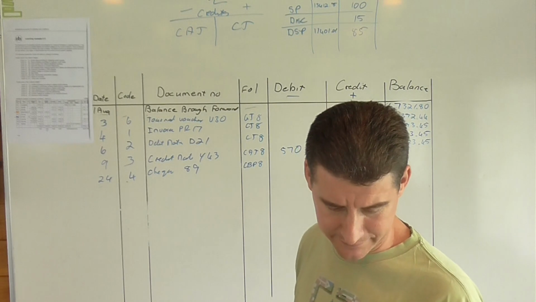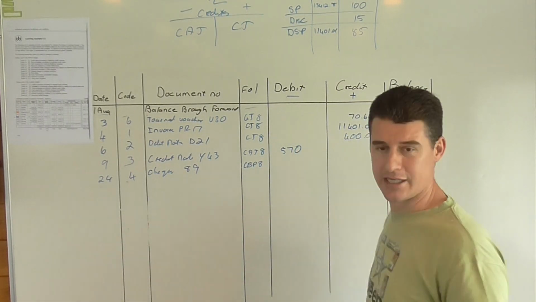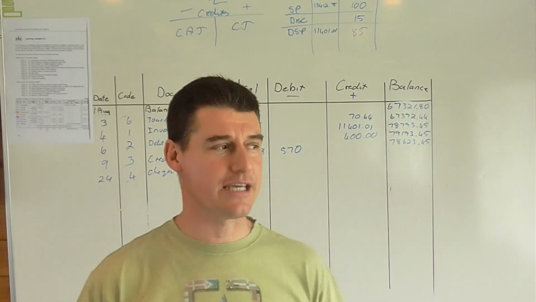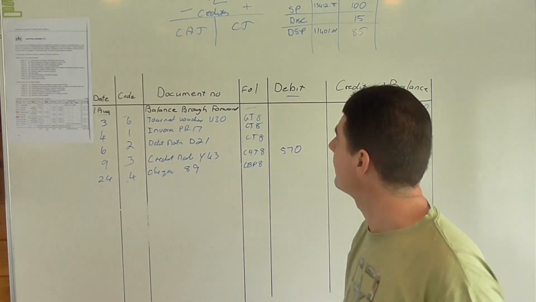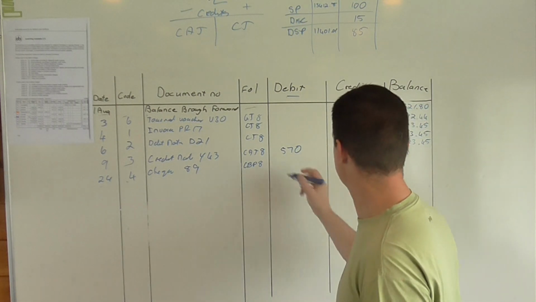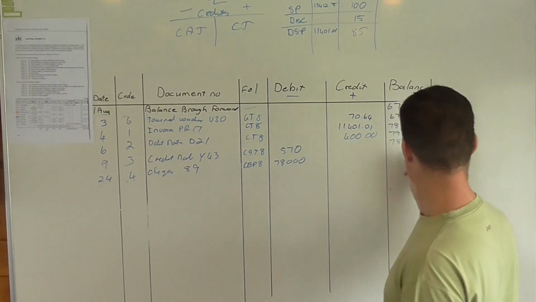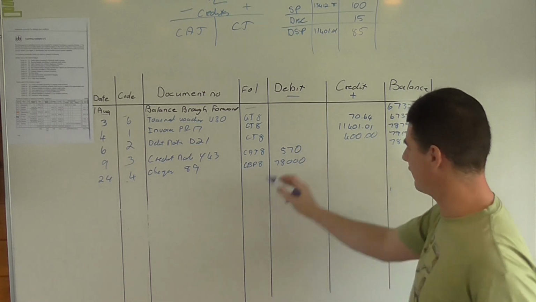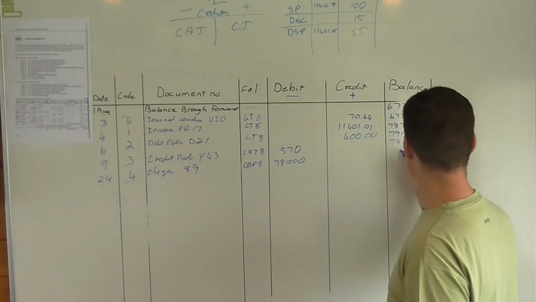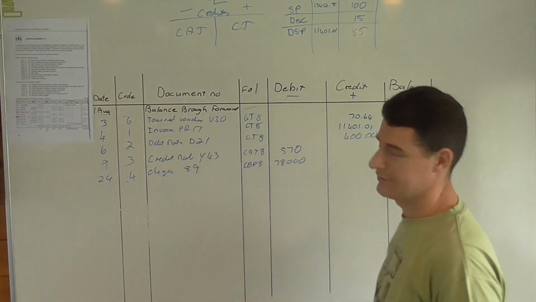Okay, and they say that we paid 78,000 Rand. Now obviously our creditors are going to decrease, so they decrease on the debit side. So it is 78,000. So in other words, 78,623.45 minus 78,000 gives you 623.45.